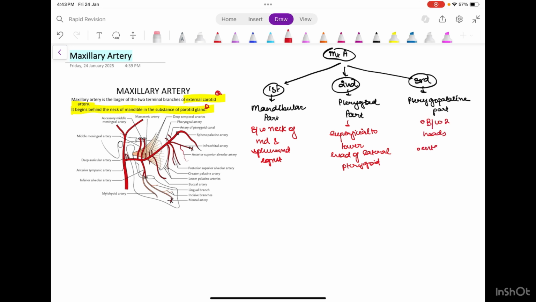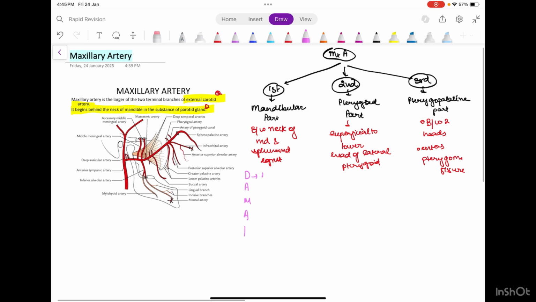and the pterygopalatine part enters the pterygomaxillary fissure. Okay, now let's talk about the branches starting from the mandibular part. In the mandibular part, you should remember a mnemonic called Maim, or you can remember it as Meda.